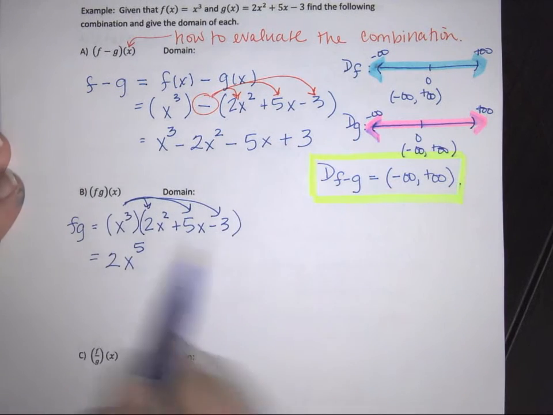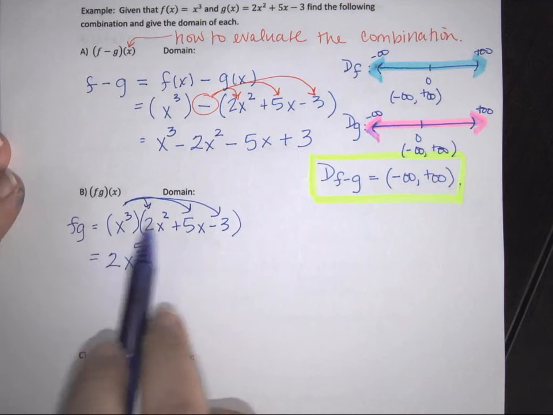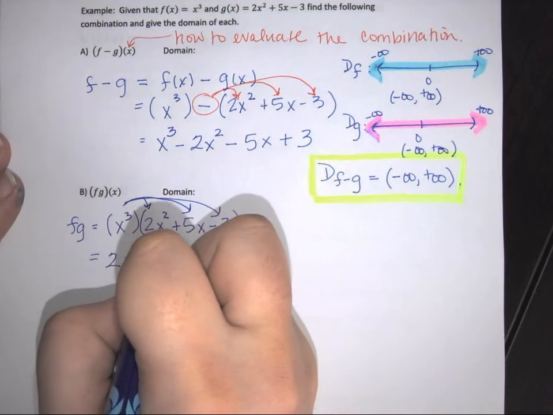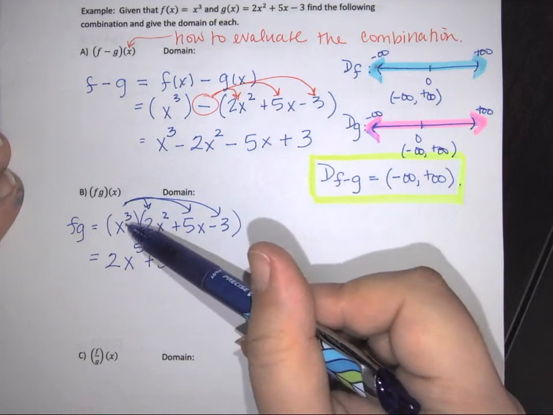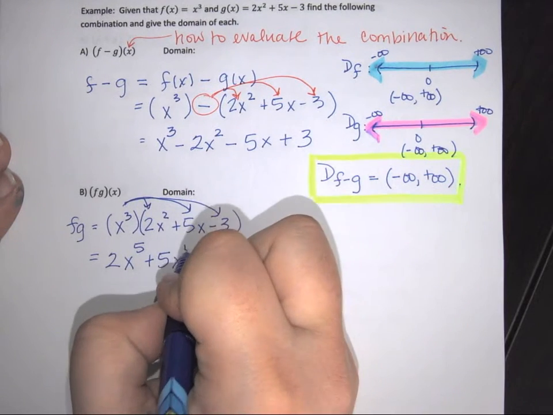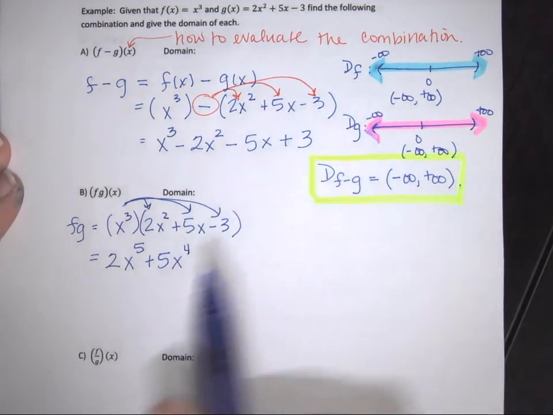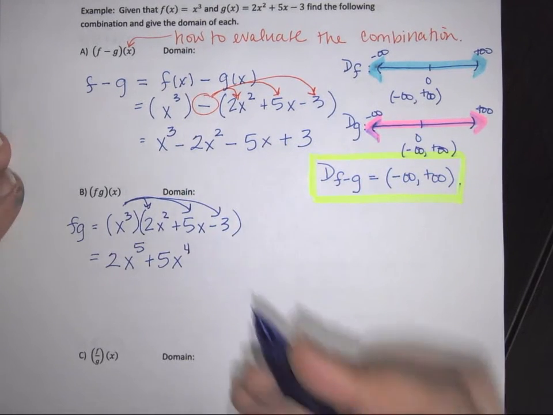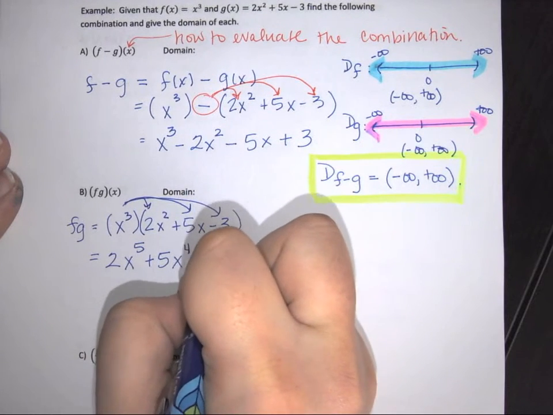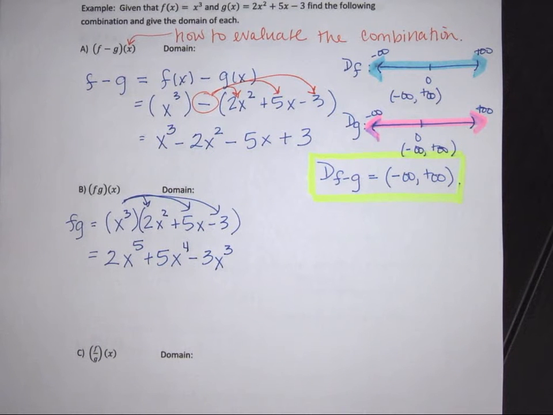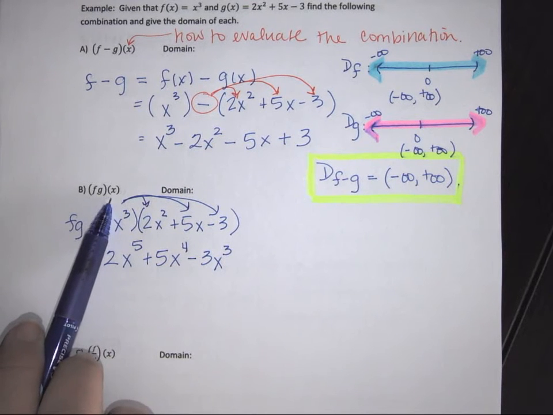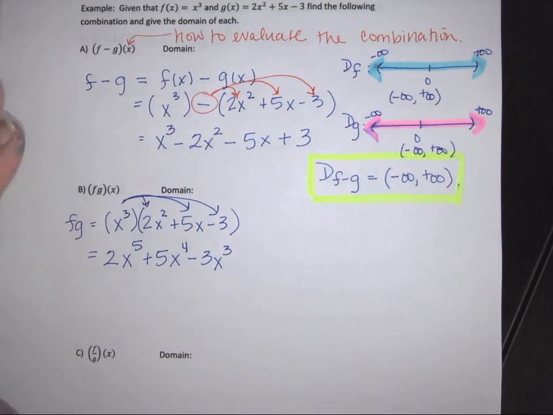Now I have x cubed times a 5x, so this is going to be a 5 out in front. My x is still the variable, and I have 3 plus 1 gives me 4. Then I have x cubed times a negative 3, so this is negative 3x cubed. And therefore, I have successfully multiplied my equations together. Since I am evaluating here by x, there is nothing else to do.